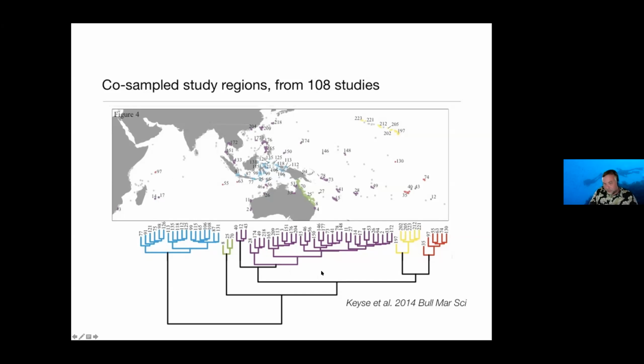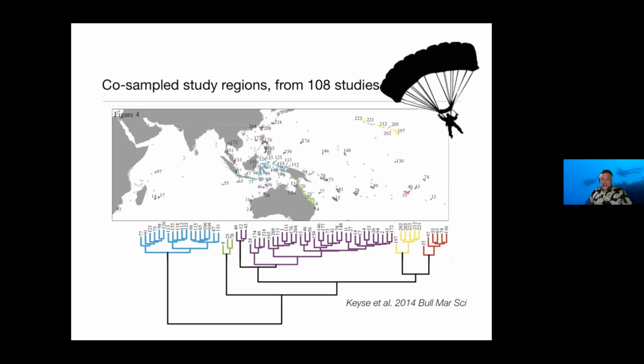And then in purple, you've got everything else that's been done in the Indo-Pacific. It just shows that there's very little overlap in the species that were selected by all of these different groups. Very little co-sampling or cross collaboration across these groups that are all working towards the same questions.